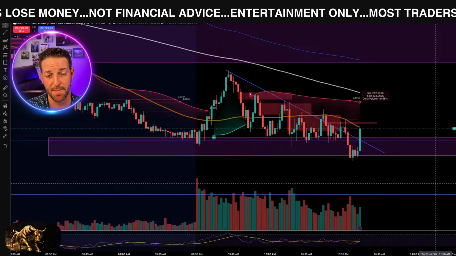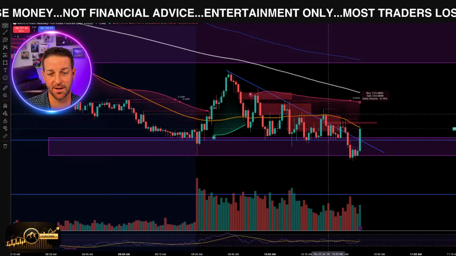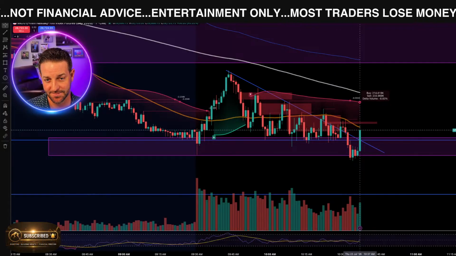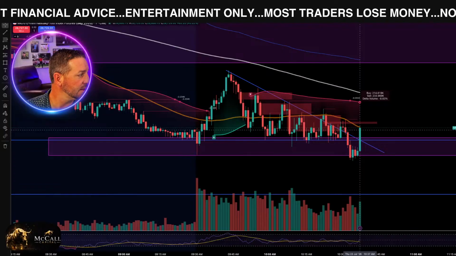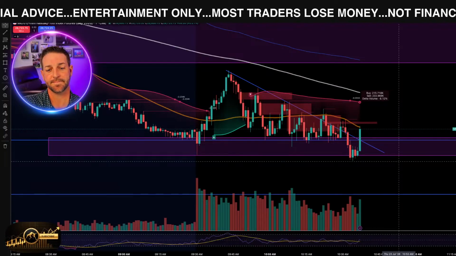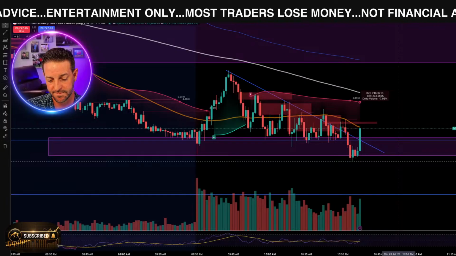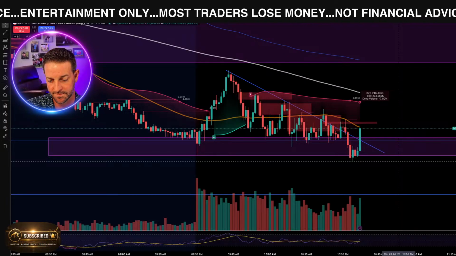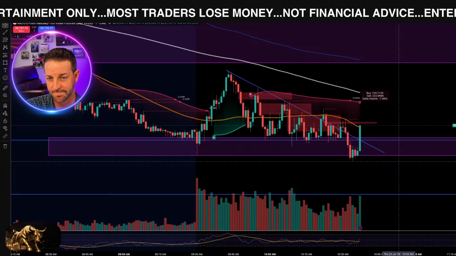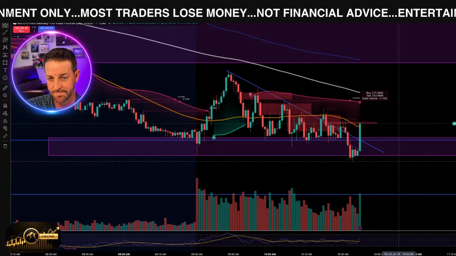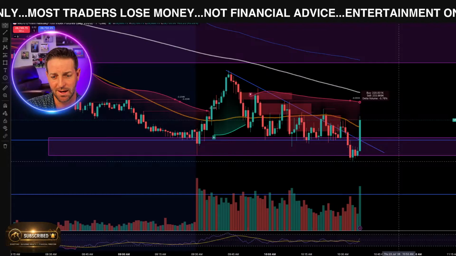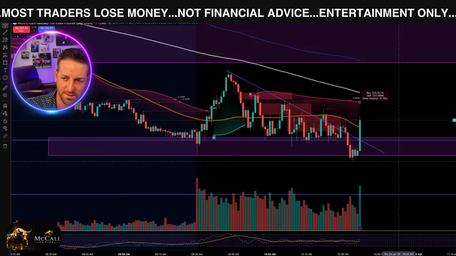Wow. Just a major green candle that brought it all the way back to the 50-day moving average. Okay, that is something. Oh my goodness. Now it's just shooting up. Wow. What a weird day. What a weird day.